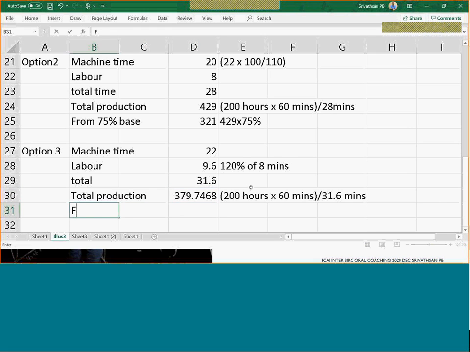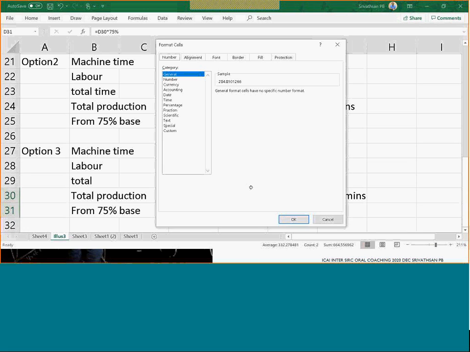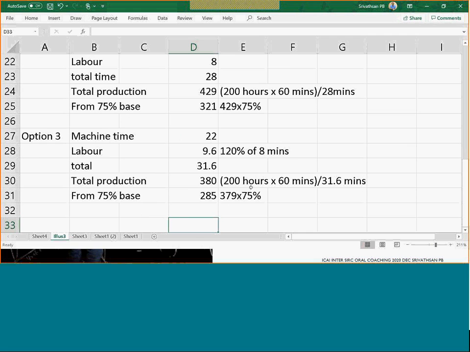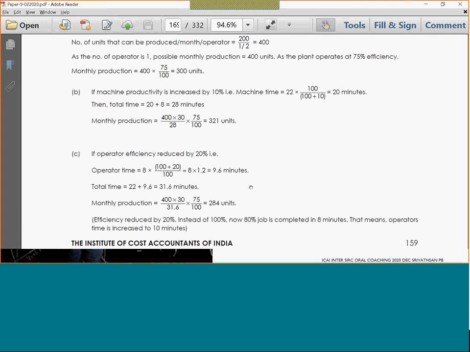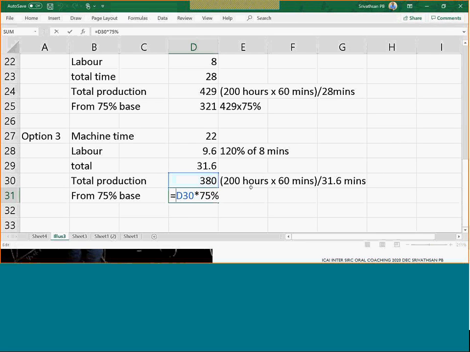Units with the production. Okay, 284. Round it to 2 because fractional units cannot be produced. We'll round down to 4 units.